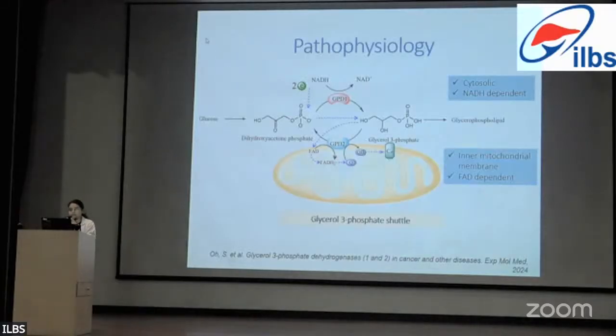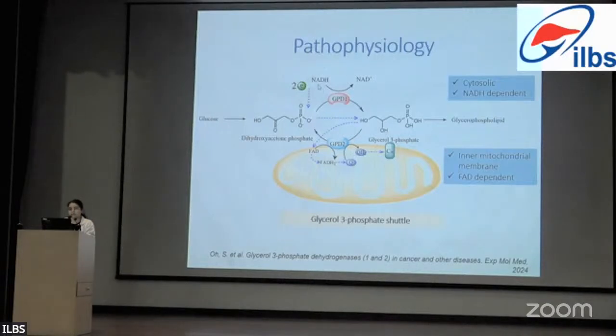Coming to the pathophysiology of this disease, the glycerol 3-phosphate shuttle lies at the inner mitochondrial membrane. It is similar to the malate aspartate shuttle and consists of two enzymes, the GPD1 enzyme, which is cytosolic and NADH dependent, and it catalyzes the conversion of dihydroxyacetone phosphate to glycerol 3-phosphate.